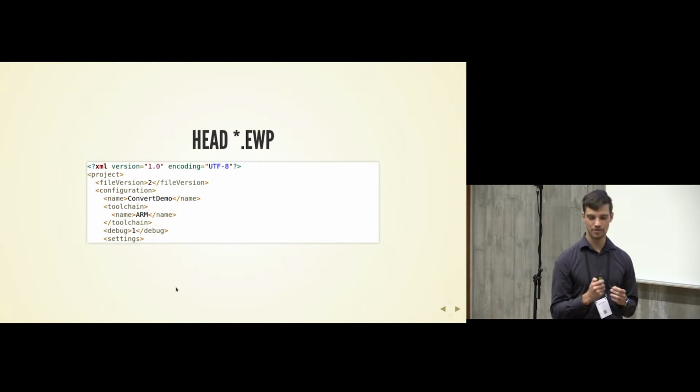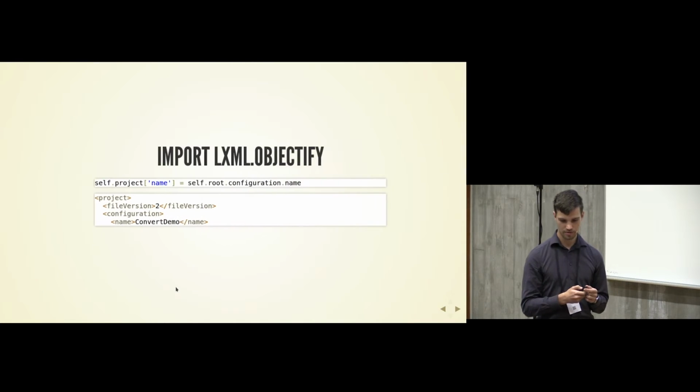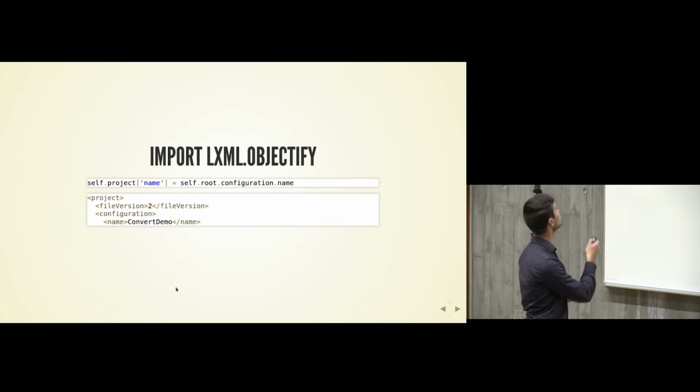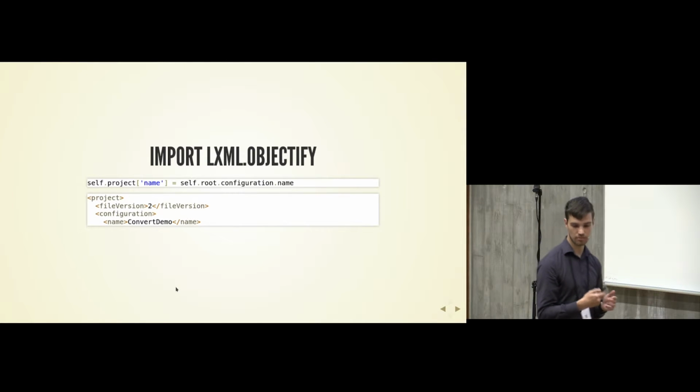And there's an even simpler module. It's called objectify. And it allows you to get the values from the XML file in a really simple manner. So I just traverse the XML structure in a dot manner, in an object manner.